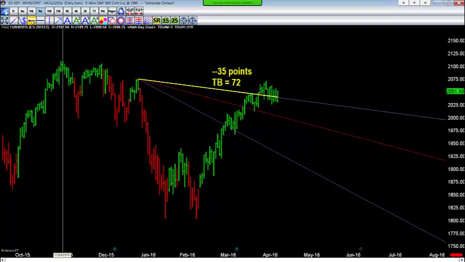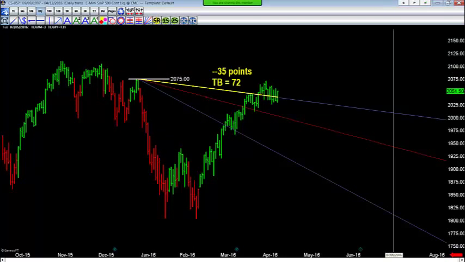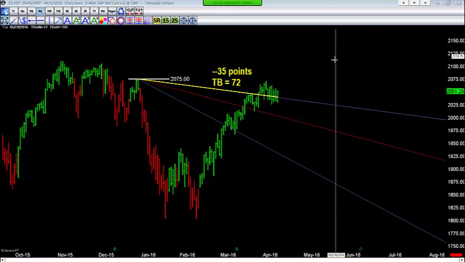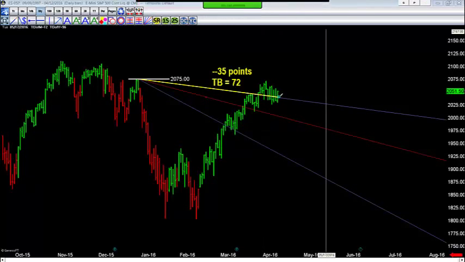I want you to take 72. This price is 20.75 up here. I want you to take 72 and divide it by 2, and you get 36. This is why I do it manually on the calculator, because I can't quite get my hand steady enough to stop exactly where that's at. Okay? But I get the bar count, and so I get 36.